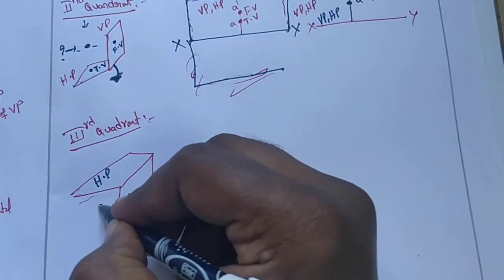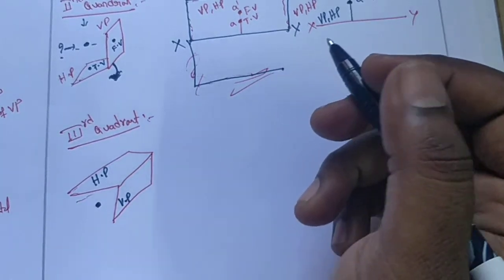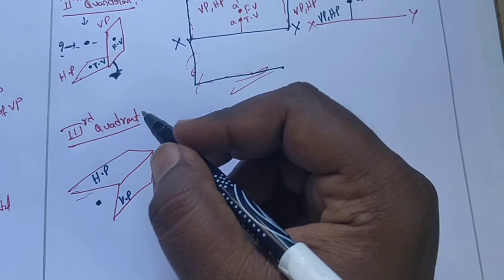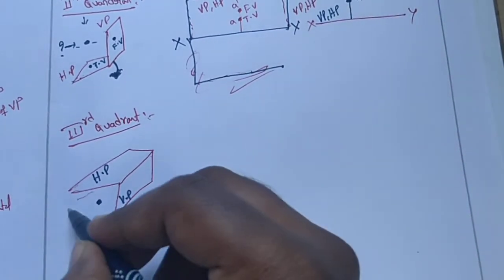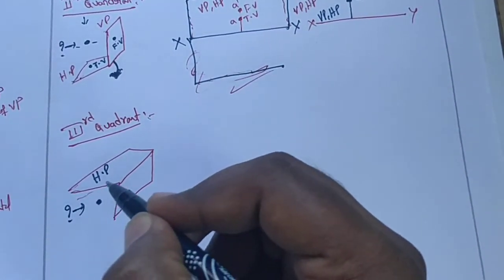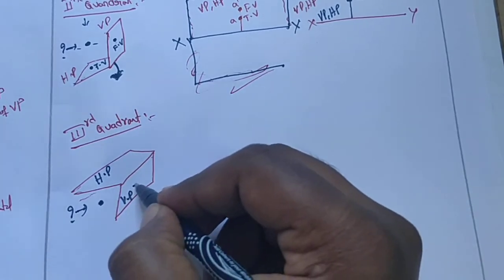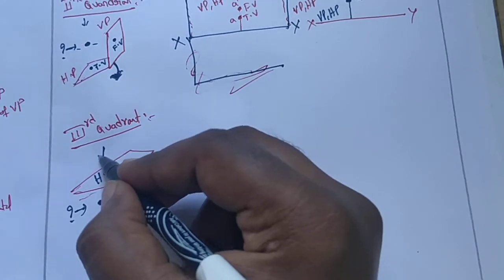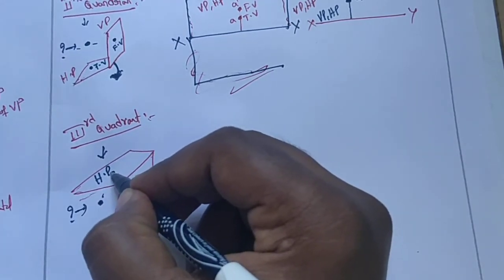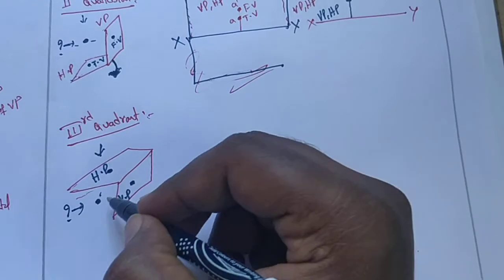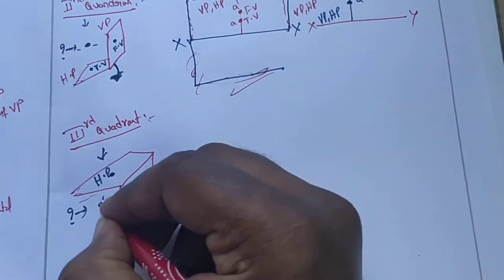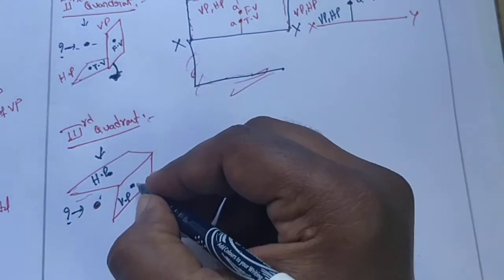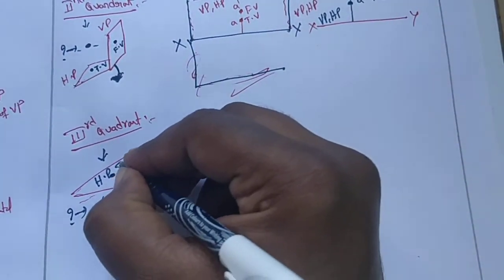Suppose the object is in the third quadrant, it is said to be behind VP, below HP. If you observe this object from this side, this projection appears here. If you view this object from the top side, this image appears here. This one is the front view and this one is the top view.